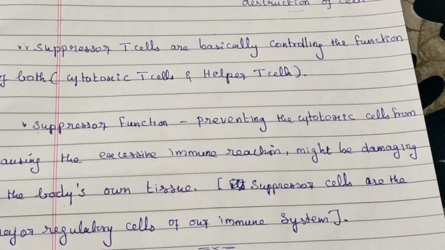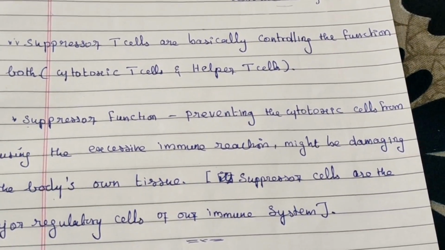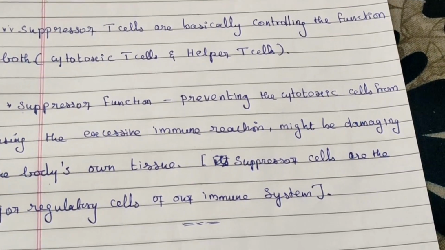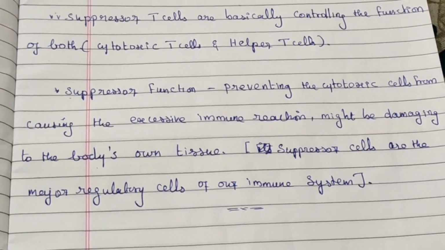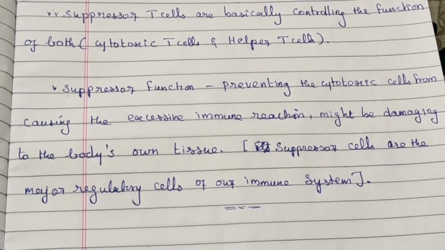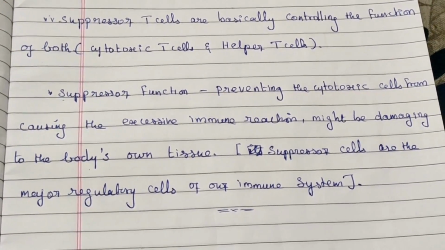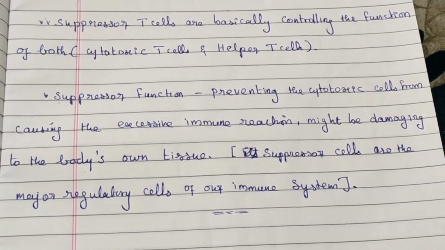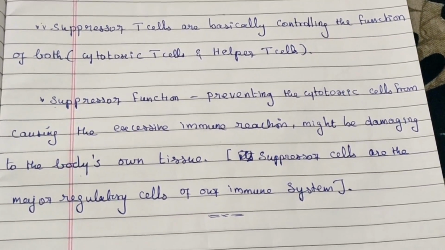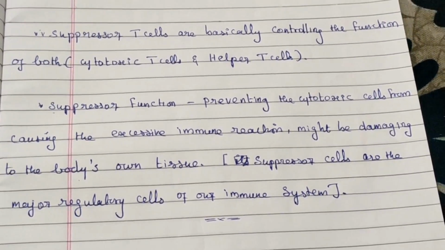It is believed that the suppressor functions serve the purpose of preventing the cytotoxic cell from causing an excessive immune reaction that might damage the body's own cells. Therefore, we can say the suppressor cells are the major regulatory cells of our immune system. This is how our immune system maintains our body.